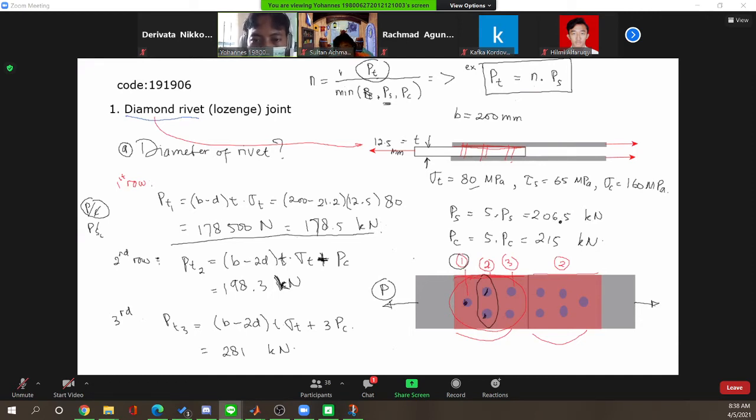Of course, the failure will occur at this part first, because it has the lowest resistance here. So the efficiency is determined by this, compared with the ideal joint, the strength of the plate without joint.